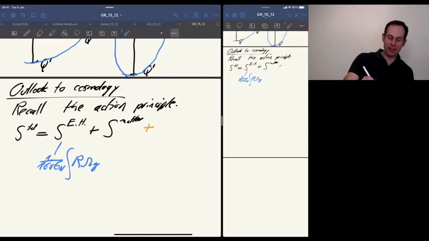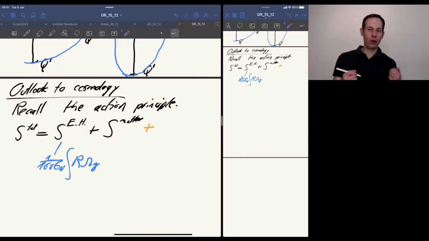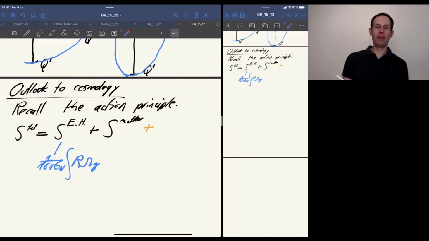But one we still have: what's a number that is well-defined, coordinate independently? If I choose a constant, then of course that's a coordinate independent number. Instead of R here, we could have integrated over some constant. And the constant is a scalar, and therefore this would also be something well-defined.